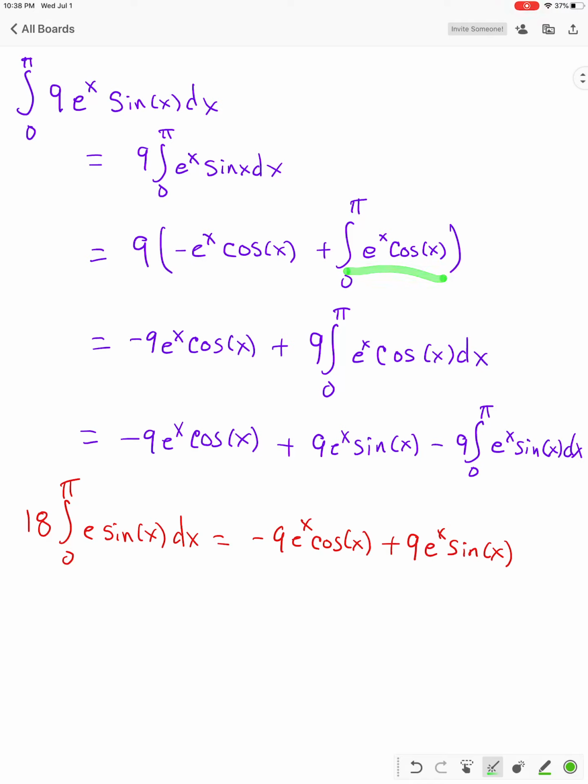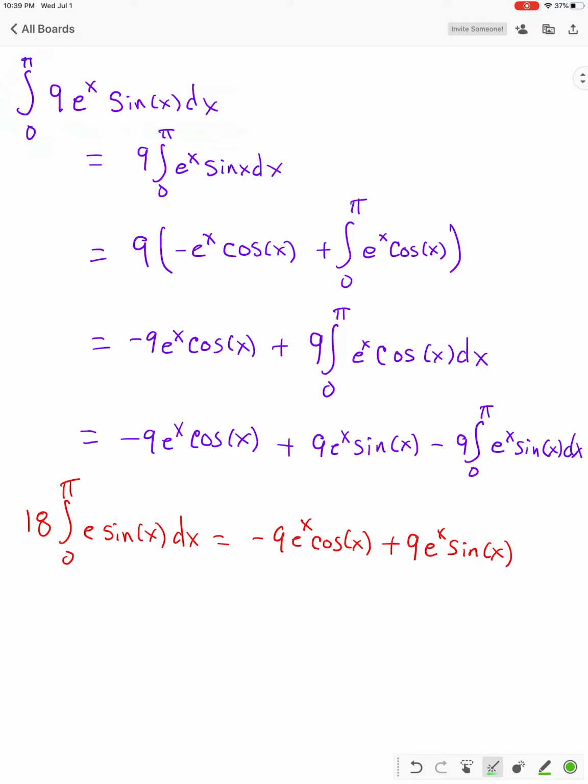And then you did it again to end up with the next line. All of this looks fine. And then you did it one more time and you ended up with this term over here on the right that looks similar to this term that we started with. So all of that looks fine.